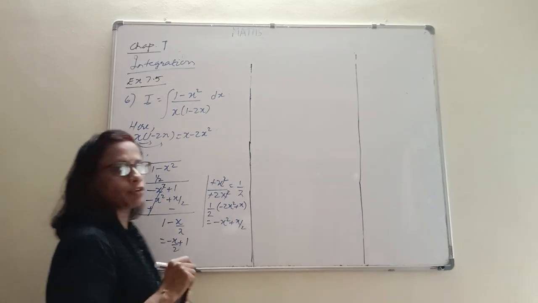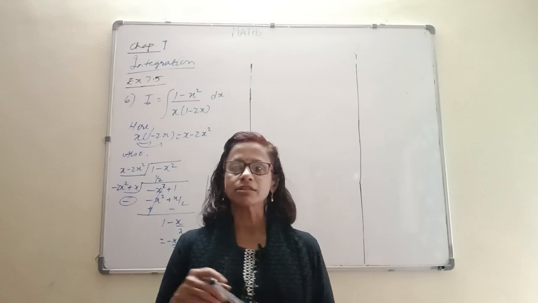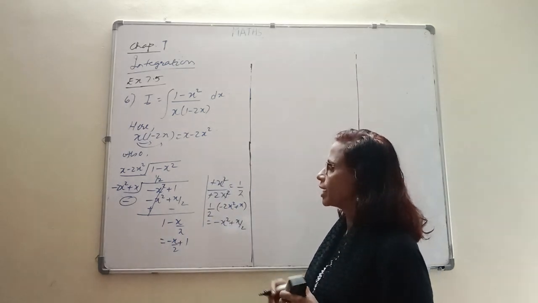We have always learned that dividend is divisor times quotient plus remainder. So let's use that.